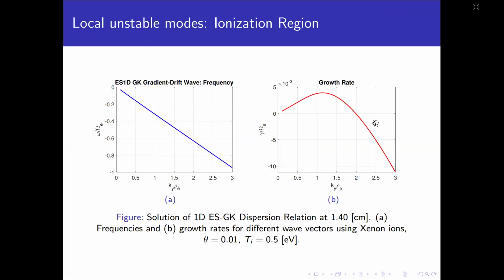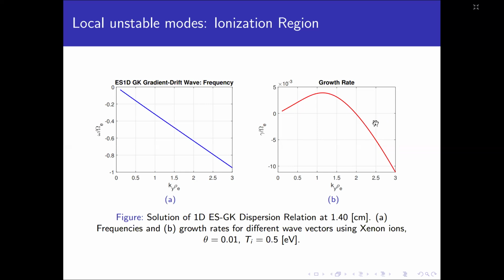With the dispersion relationship, we obtain a complex solution where the real part is the frequency of the mode, and the imaginary part, because we are talking about an instability, is the growth rate. These results are for a number of wave vectors.